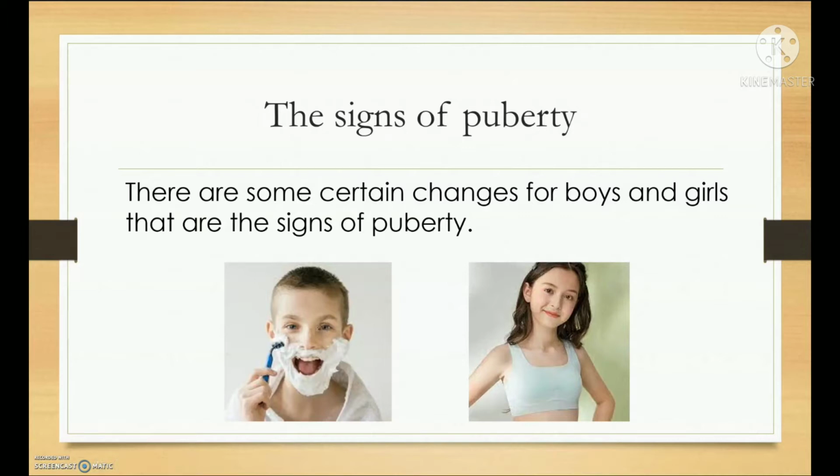Very good. So we all know that puberty is when a child begins to develop and change as they become a young adult. So we will talk about the physical changes that happen during puberty.